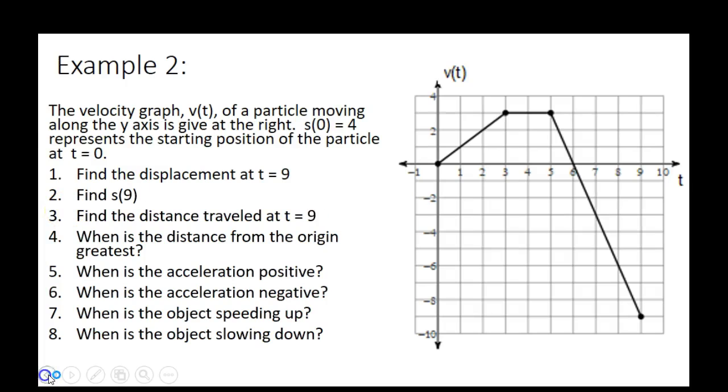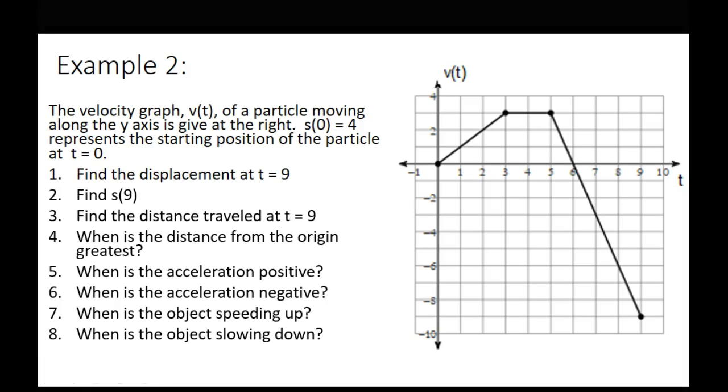Okay, before I set you loose, I want to do number 4 now. Let's go back to number 4. All right. Now number 4, I'm asking you, when is the distance from the origin the greatest? Okay.